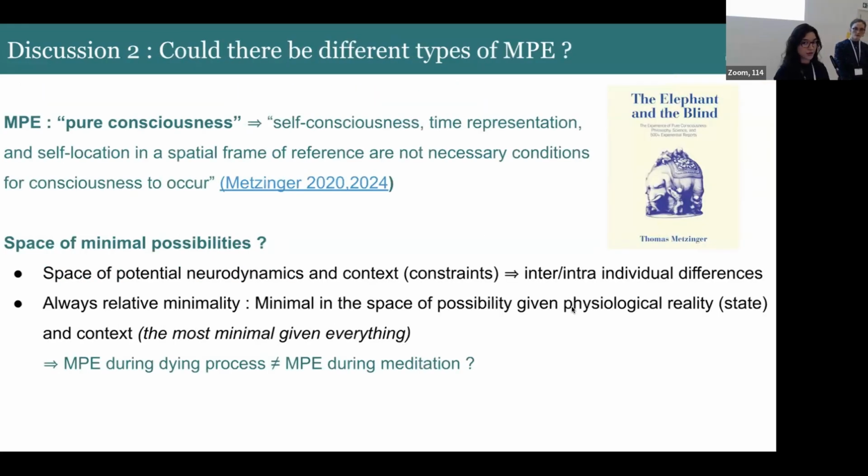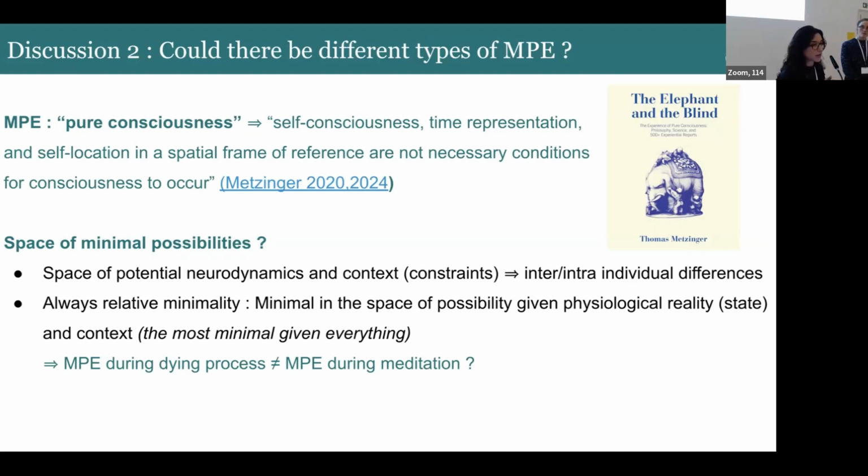The second axis of this discussion: could there be different types of MP? To recap, MP has been described as pure consciousness, and it says that self-consciousness, time representation, and self-location are not necessary conditions for consciousness to occur. We ask whether it would be possible to have a sort of space of minimal possibilities in which there could be different types of minimal experiences, all minimal, but still a space of these types of experience.